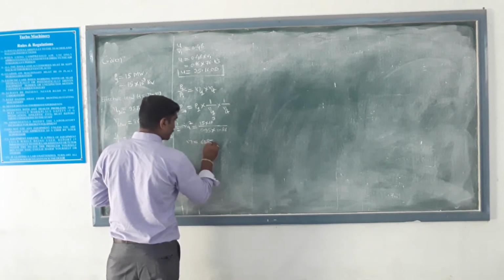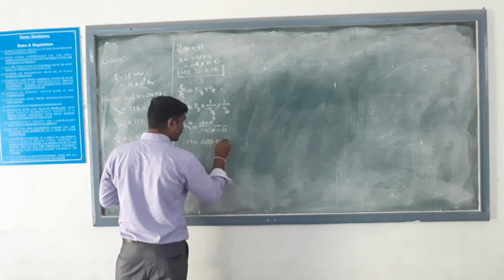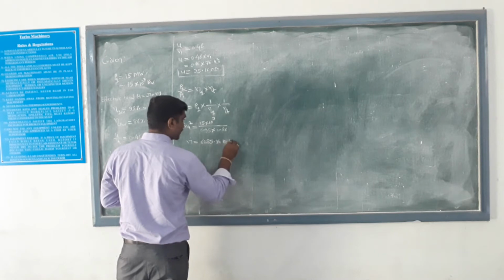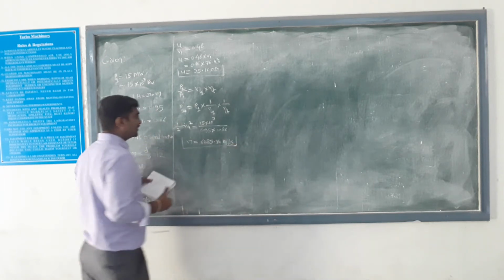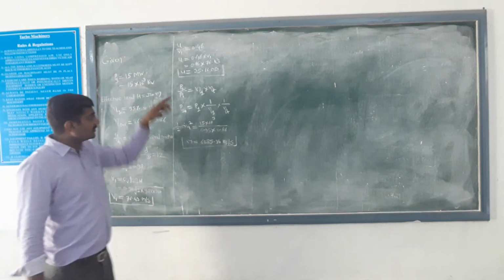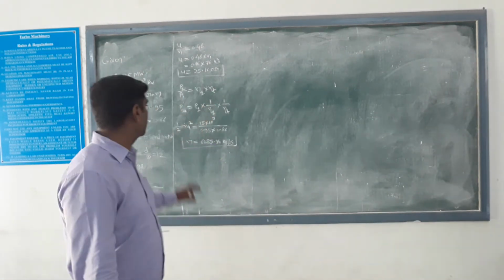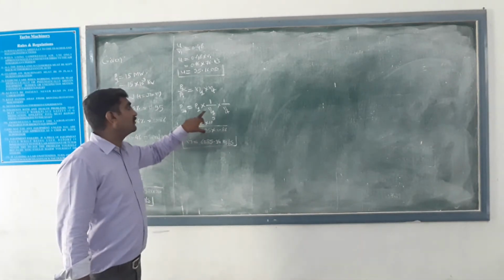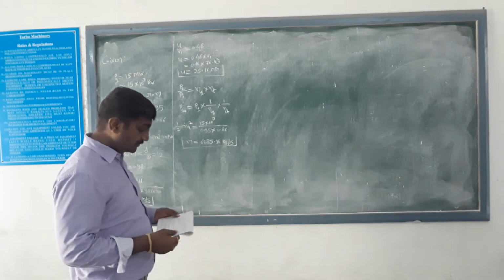See that only the mass flow rate is unknown. We know V1, generator power, and the efficiencies.